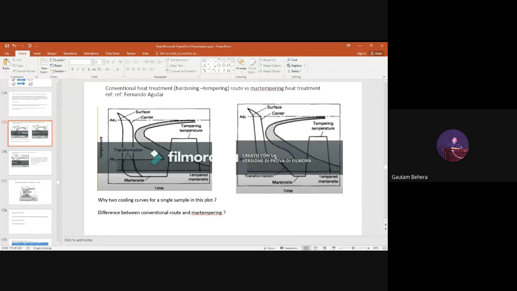So what is the need of holding here? Why are you holding the sample here first? I'm quenching my sample to this region, then I'm holding here, then I'm cooling it again. What is the need of holding here? The figure is showing it. Just look at this diagram carefully. Already this has been discussed.